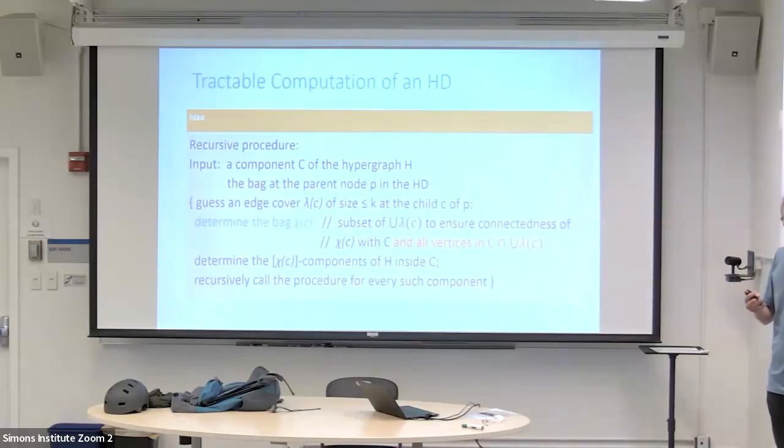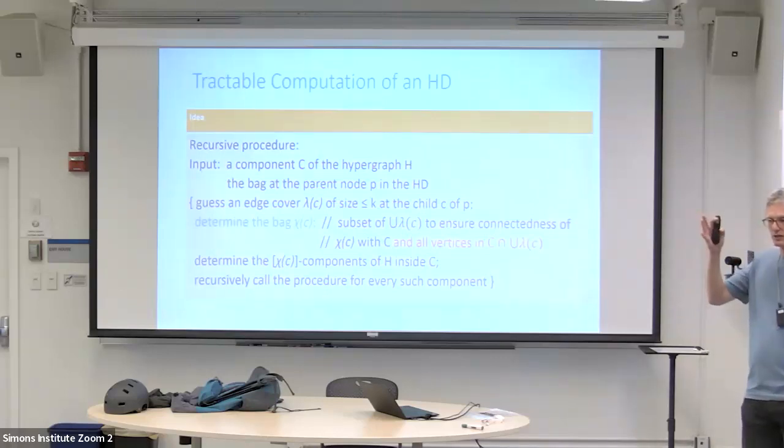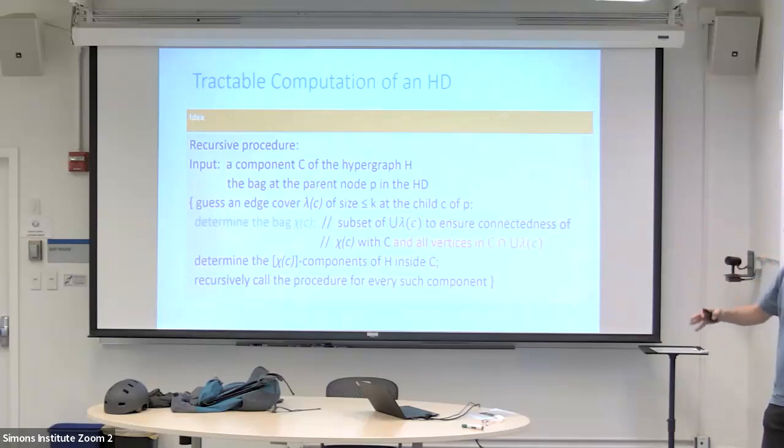The idea is that you have a subroutine which tries to construct a portion of the hypertree decomposition that covers a certain component. So the edges contained in the component must be covered somewhere in a node of the subtree that you construct here.